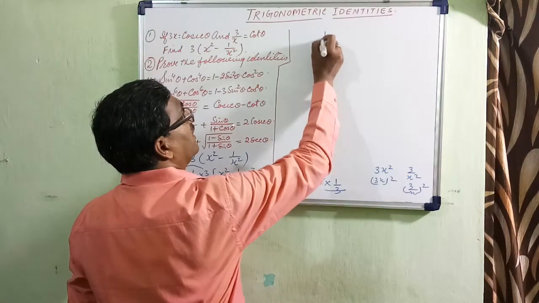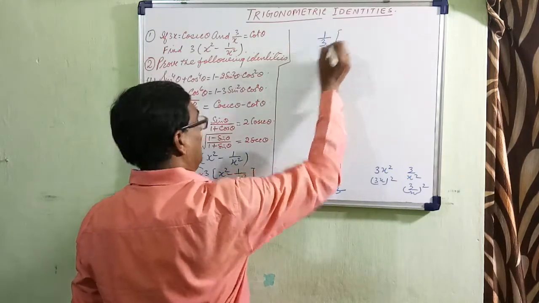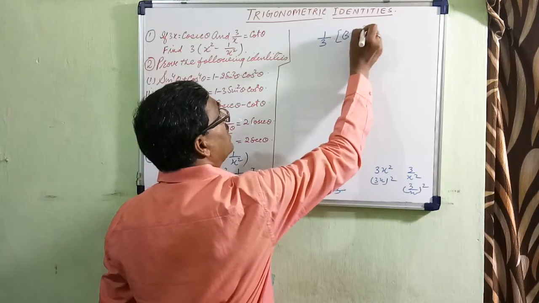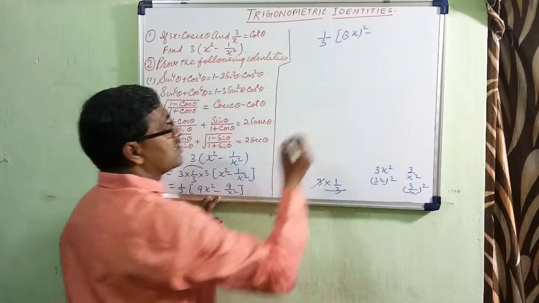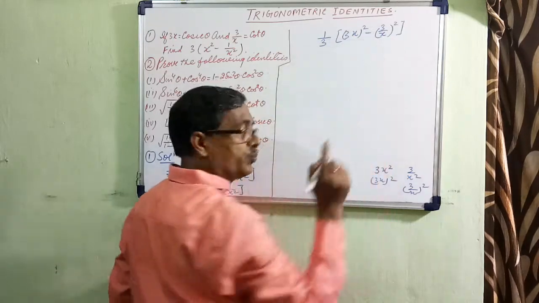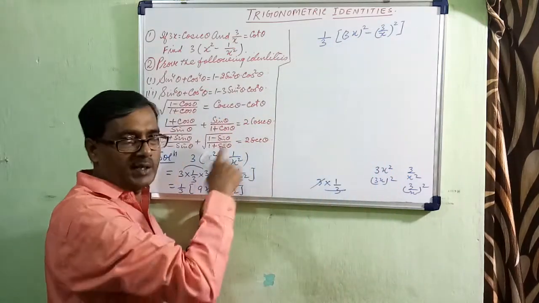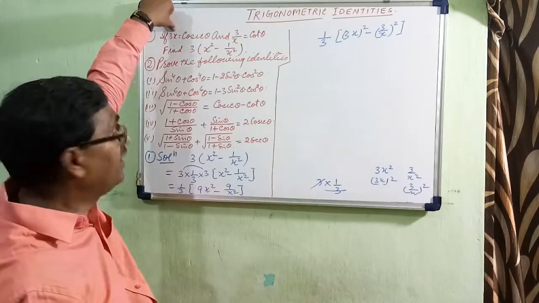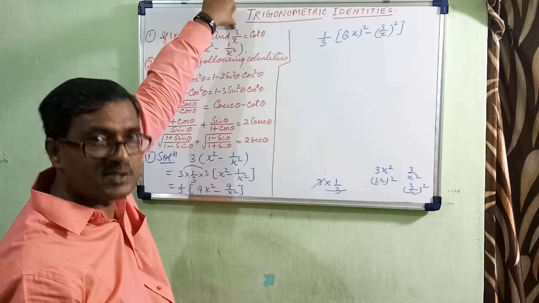And therefore it will be 1 by 3. 9x square can be written as 3x the whole square, and 9 by x square can be written as 3 by x the whole square. I hope you have understood the purpose of writing in this form. Why? Because we are going to use 3x directly and 3 by x directly.